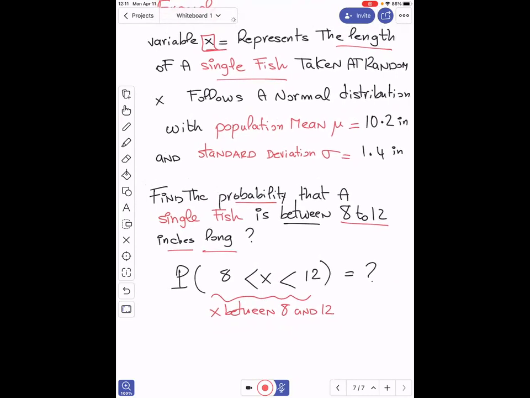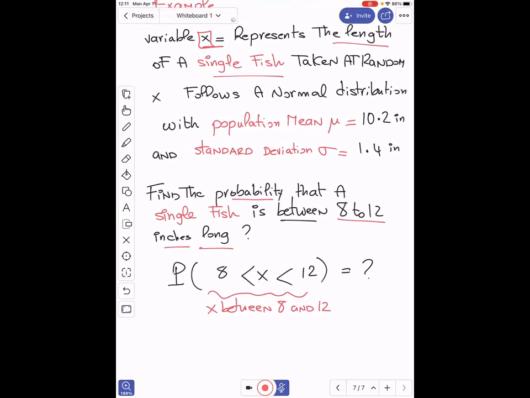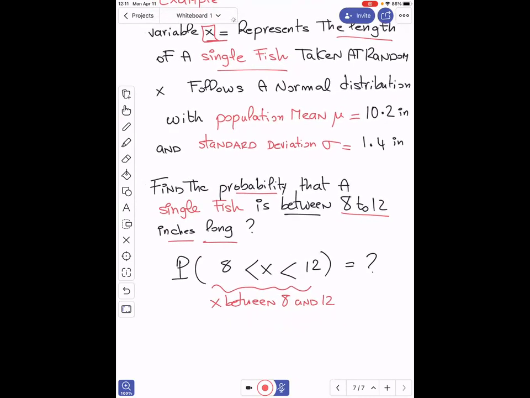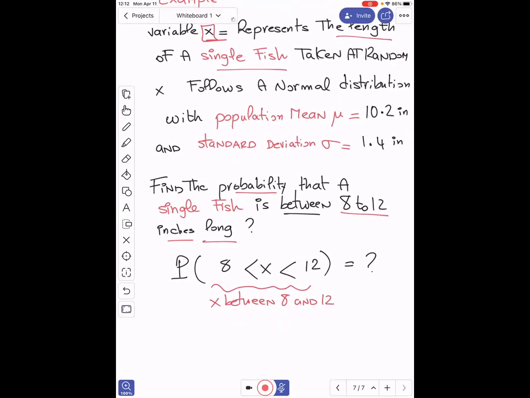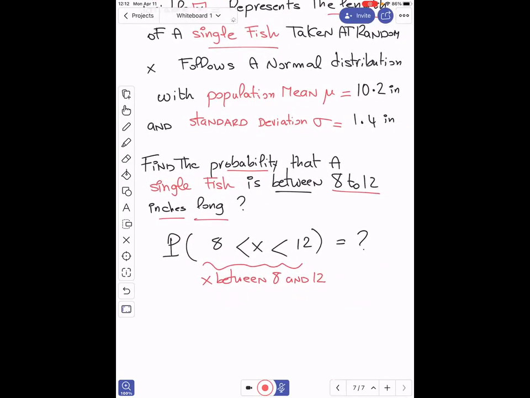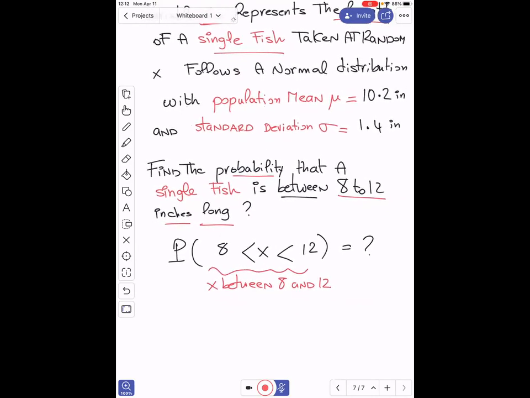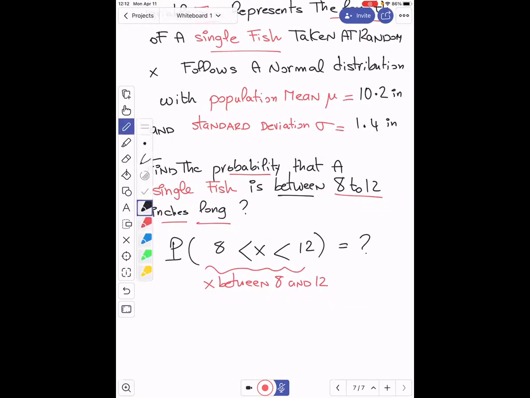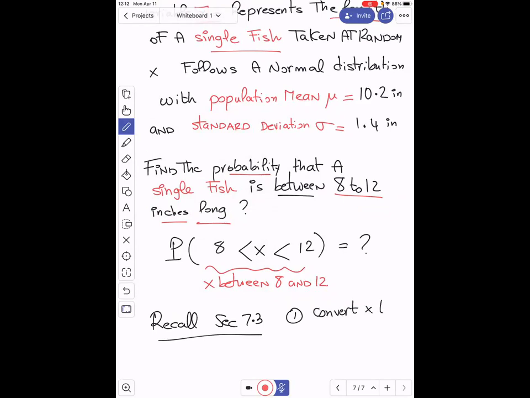As we said in the last section, we need to convert x to z, the variable of the standard normal distribution, and then we can use the chart or table 3 from the formula sheet.